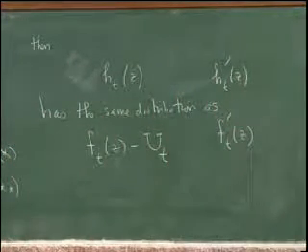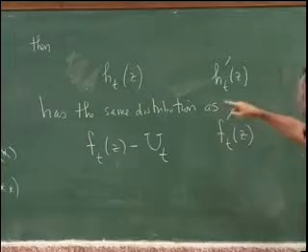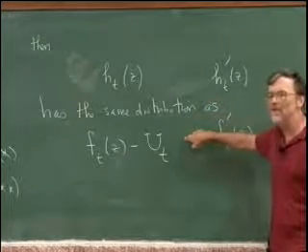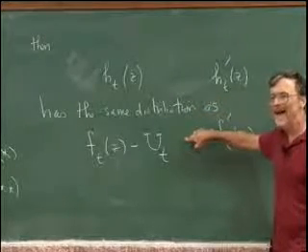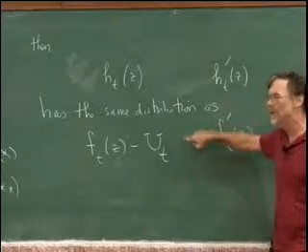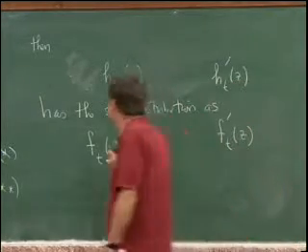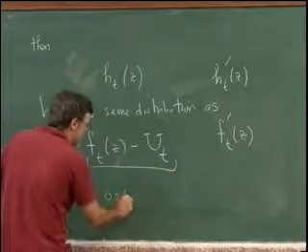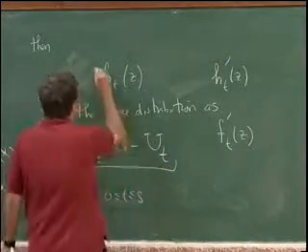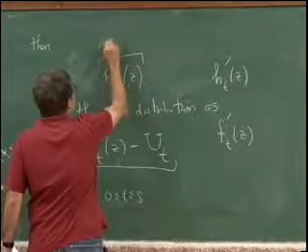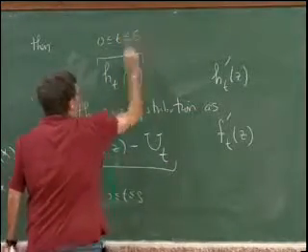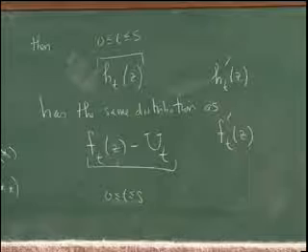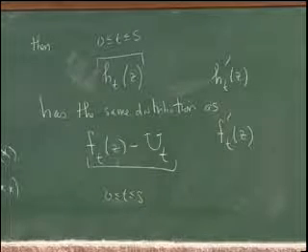Now, what I want to caution you here is that this is a fact about one particular time. It's not a fact about the joint distribution. So if I looked at this quantity for 0 less than or equal to t less than or equal to s, and this quantity for 0 less than or equal to t less than or equal to s, they would not have the same joint distribution.